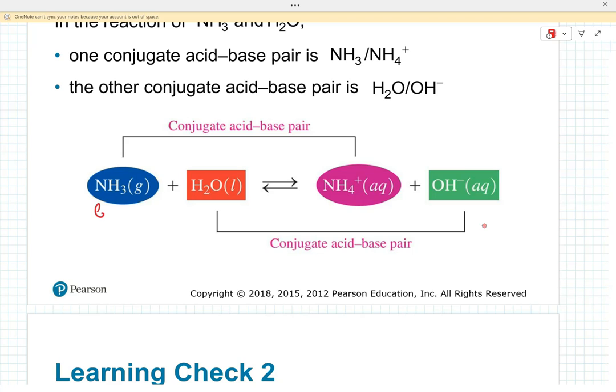It's a base. And water donates protons, so that's acid. But on the right, NH4 plus, the ammonium cation, can donate hydrogens if needed. So it is an acid, and OH minus is the base.